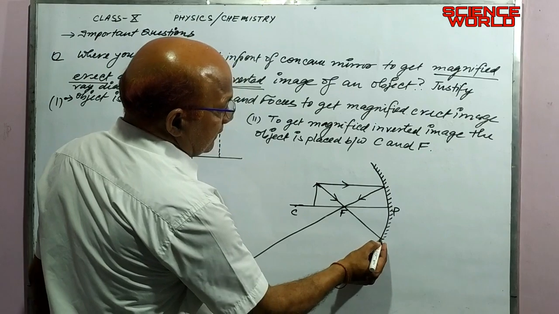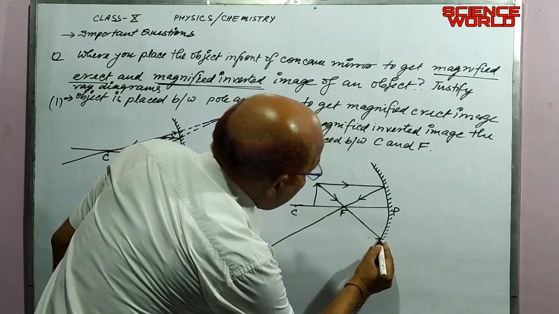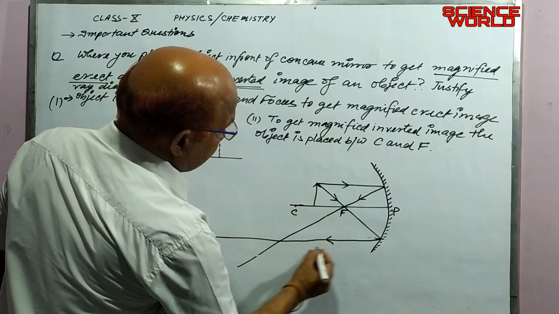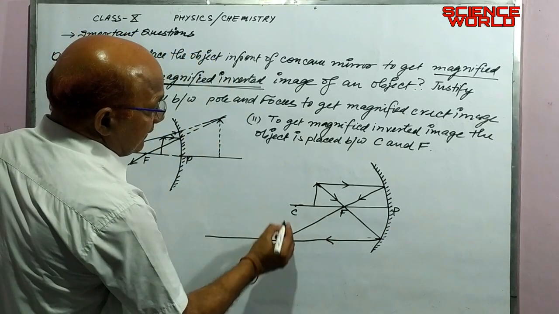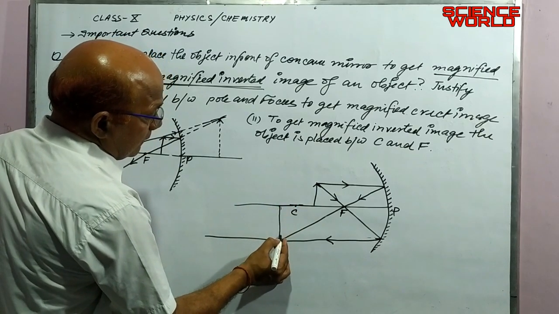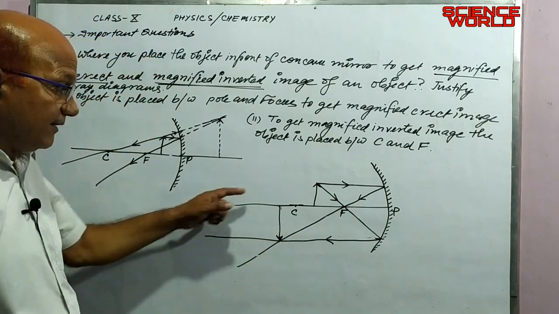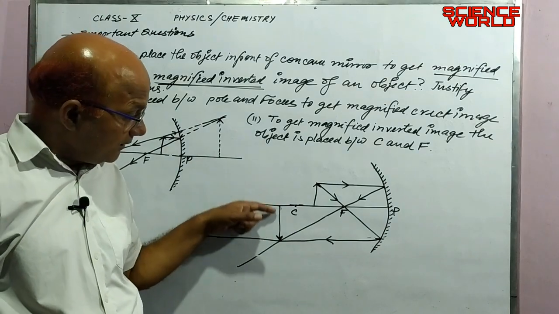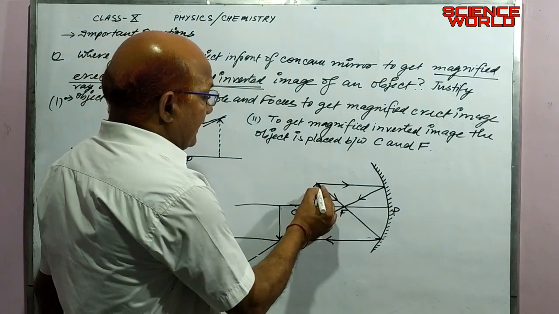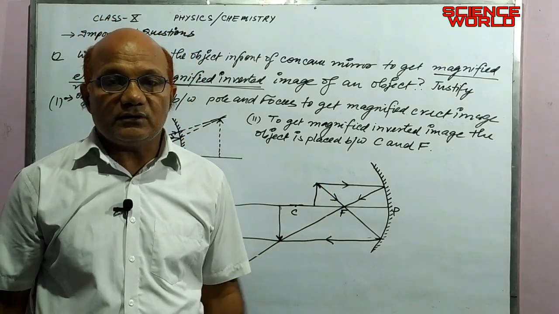After reflection, it becomes parallel to the principal axis. So these two rays meet at this point. So this is the image. You can see this image is inverted and it is of bigger size than the object. It means it is magnified. Now take a screenshot of it.